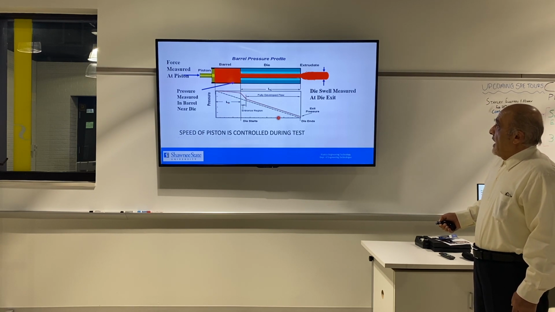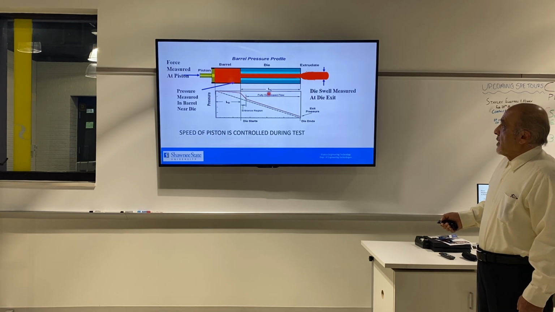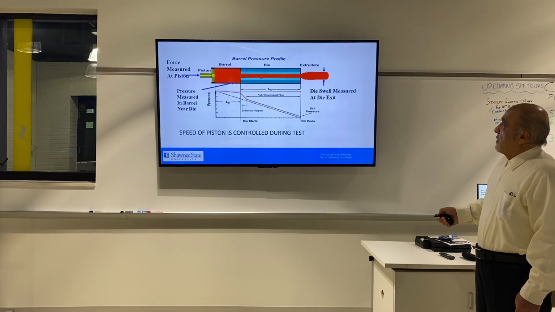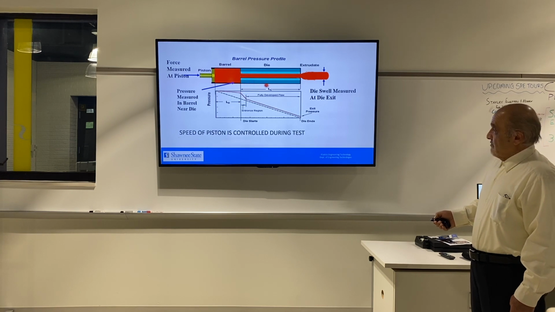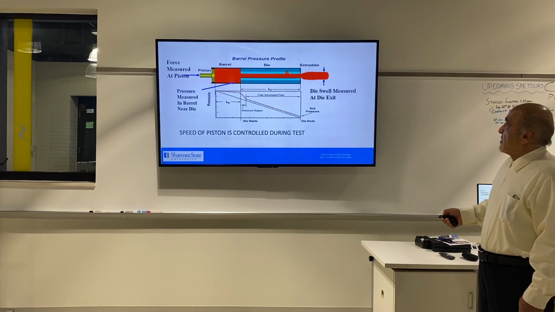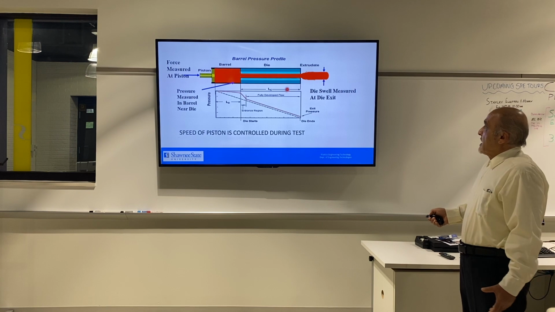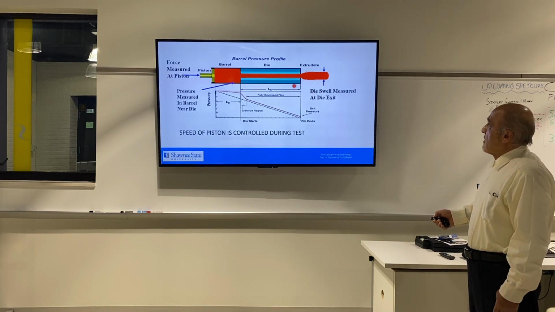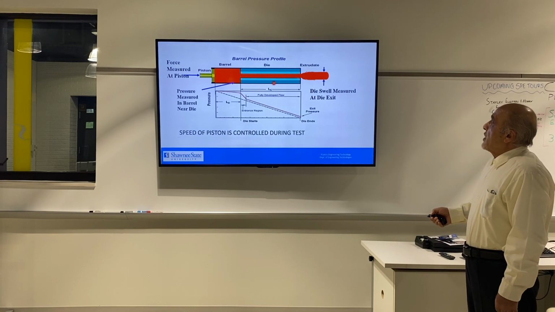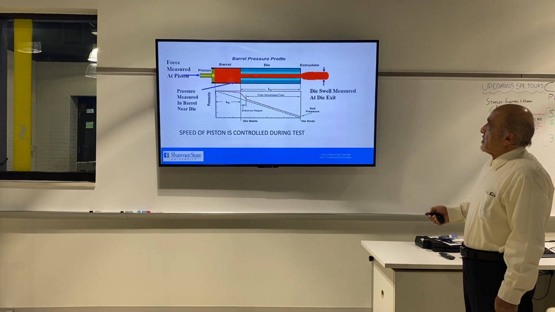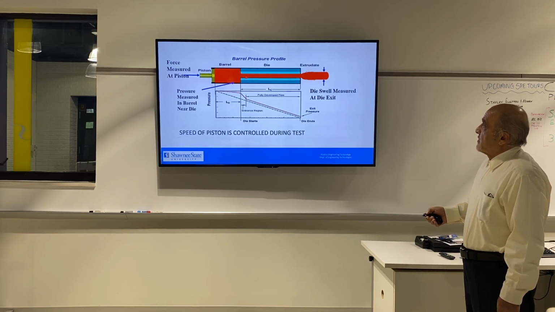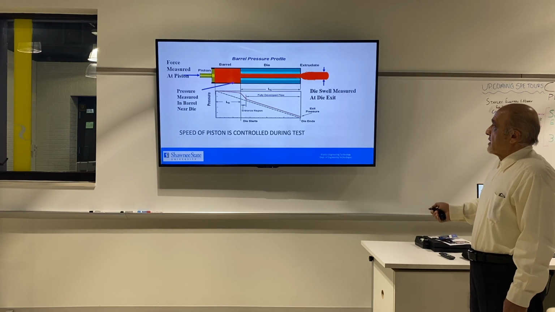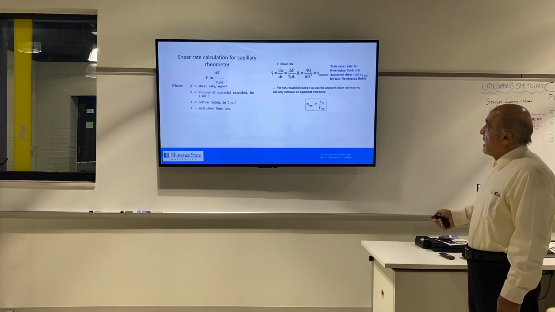If you start to push the material, you're pushing the flow of polymer melt inside the barrel and finally the die, and you have material coming out of the die, and in this way you're measuring viscosity versus shear rate or shear rate versus shear stress. So this is the concept of the capillary.